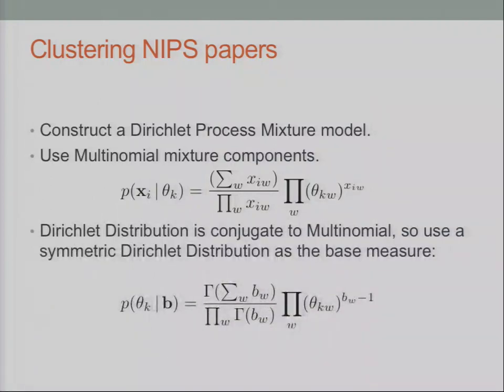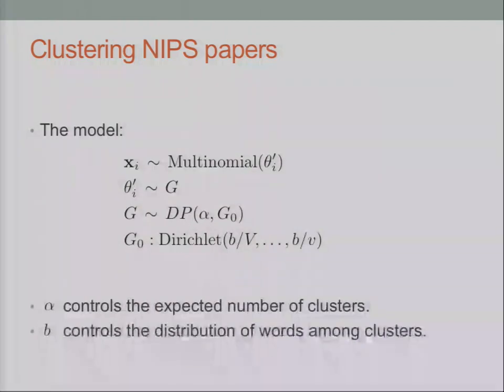As I said earlier, the Dirichlet distribution is conjugate to the multinomial, so we're going to use a symmetric Dirichlet distribution as the base measure, which looks like this. This is the multinomial, and this is the Dirichlet distribution with parameter b, which is of the size of the vocabulary. So this is what the model looks like. We have data generated from the multinomial.